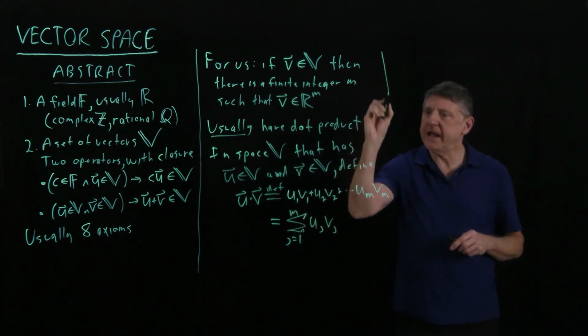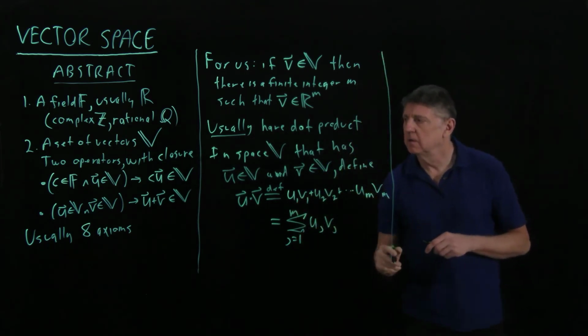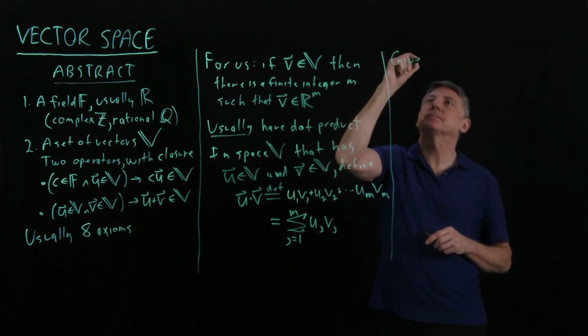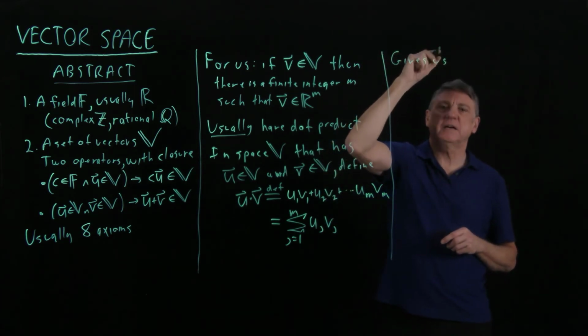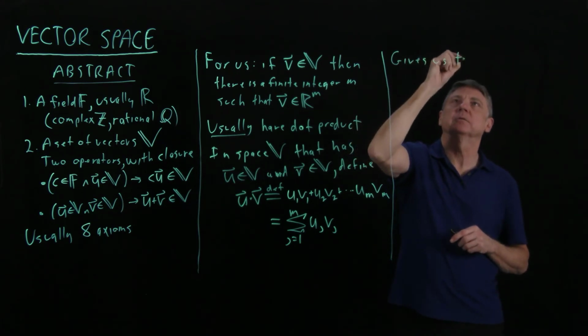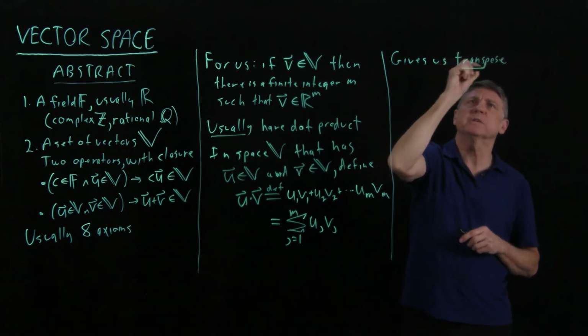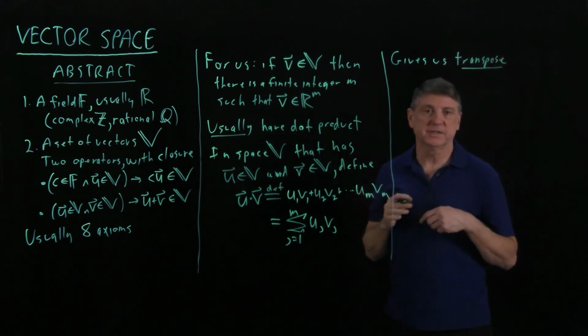So when we have a dot product, mathematically, that gives us the transpose. And you might think that the transpose is something that's just natural, that it's just there.